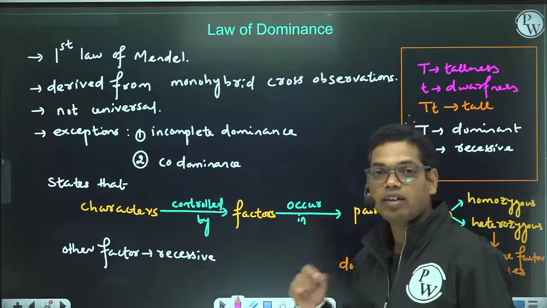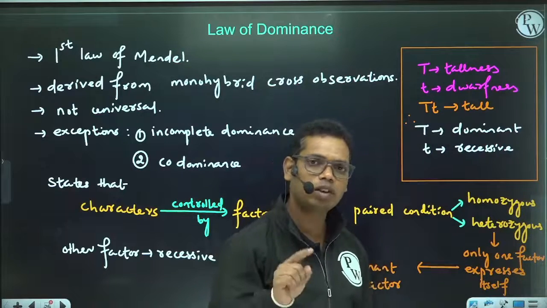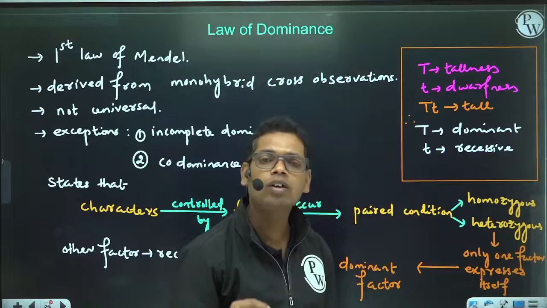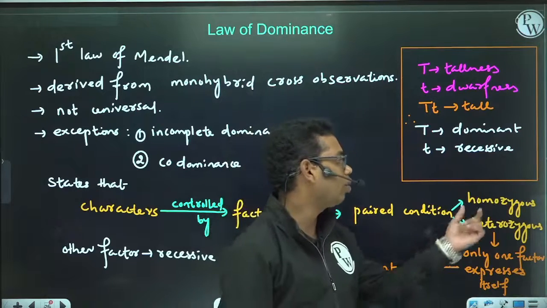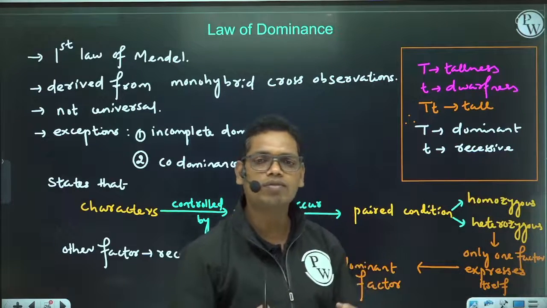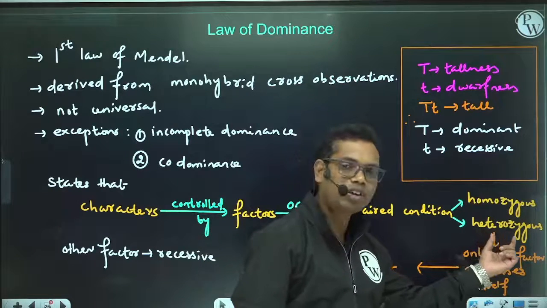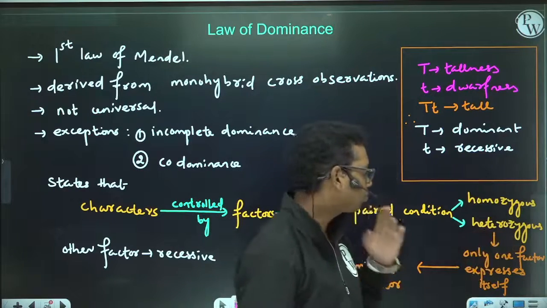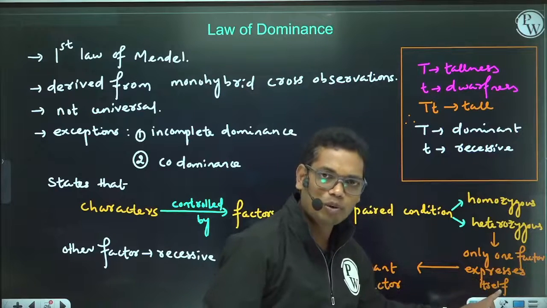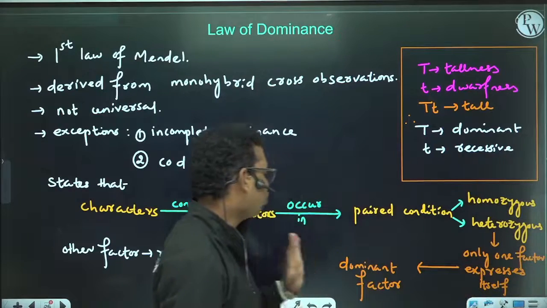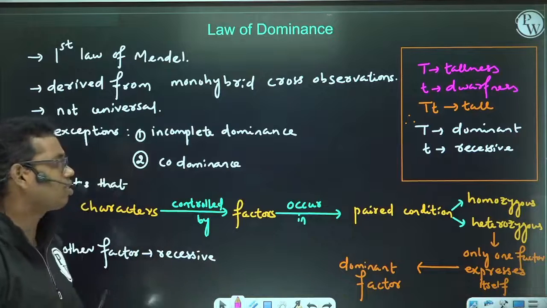In that paired condition, the factors can be of similar type, for example capital T capital T or small t small t, which is called homozygous, or they can be different, for example capital T small t, which is called heterozygous. In the heterozygous condition, only one factor will be able to express itself. That factor is called the dominant factor, and the other factor is called the recessive factor.